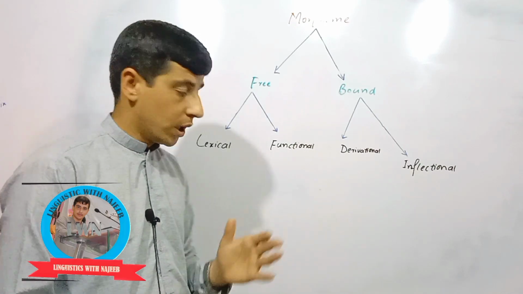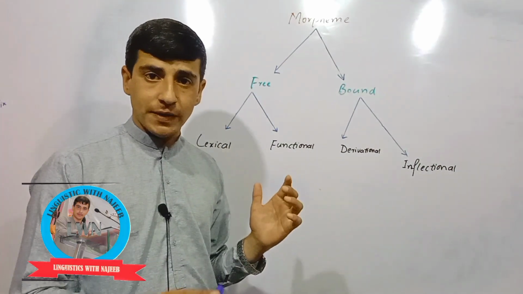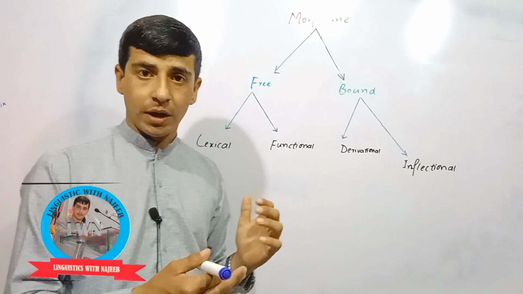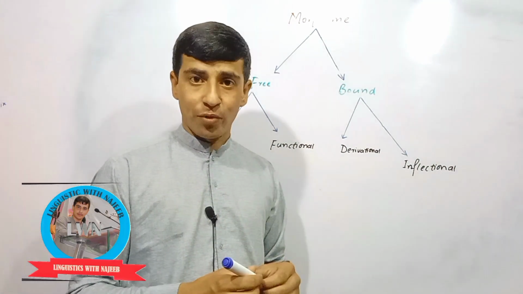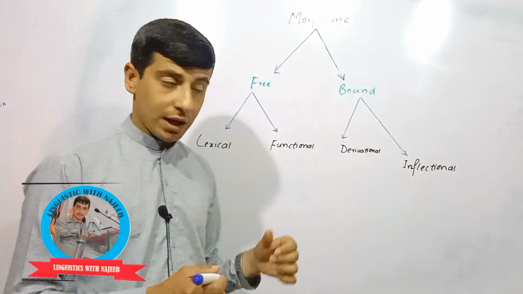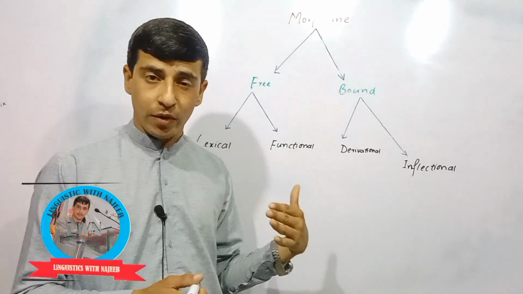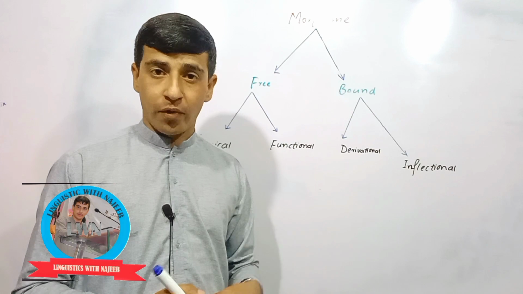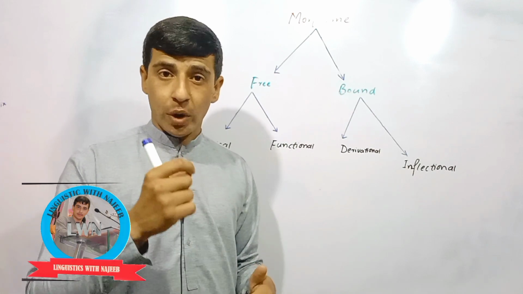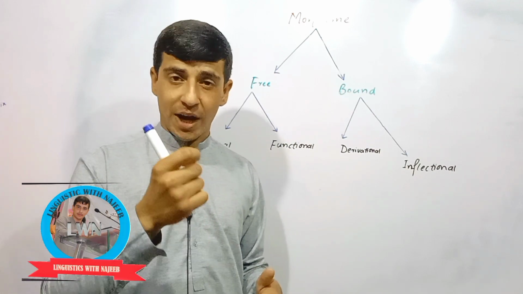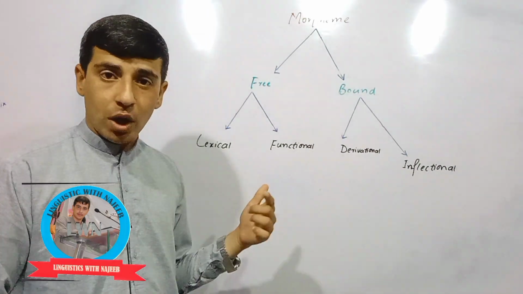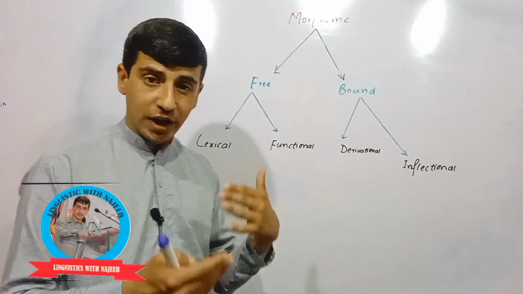Lexical morpheme is a type of free morpheme that carries the primary meaning of words. In lexical morphemes, mostly we have those words which belong to the open class of parts of speech. For example, we have the nouns, the verbs, the adjectives, and the adverbs. On the other hand, we have the functional morphemes.